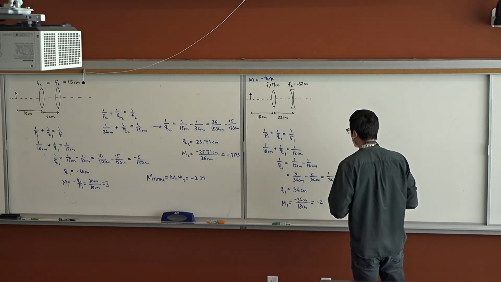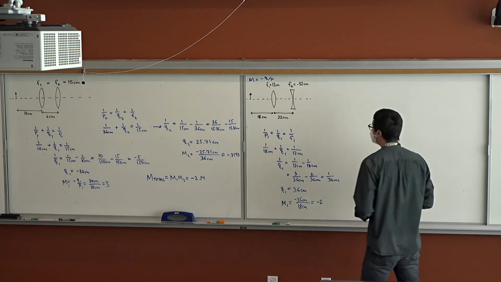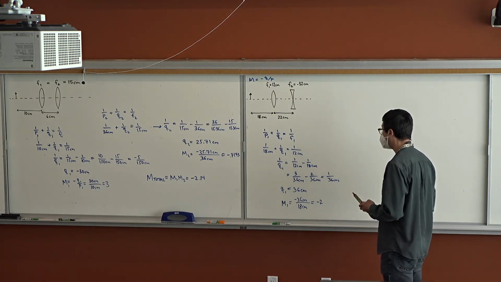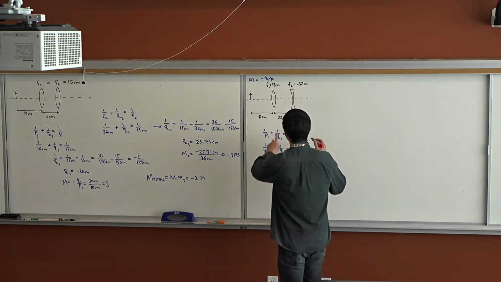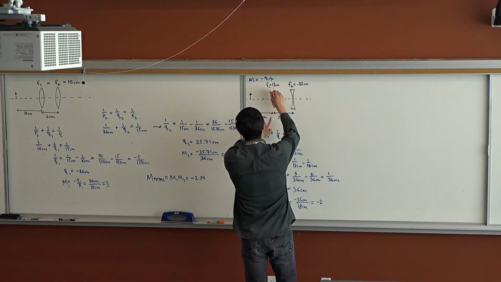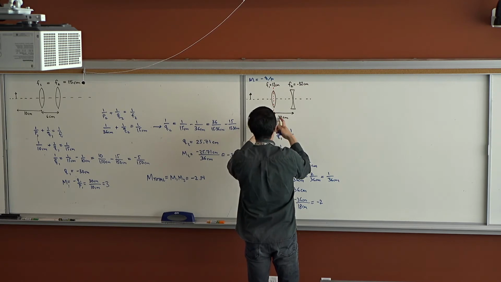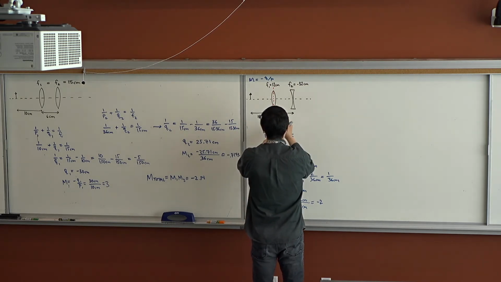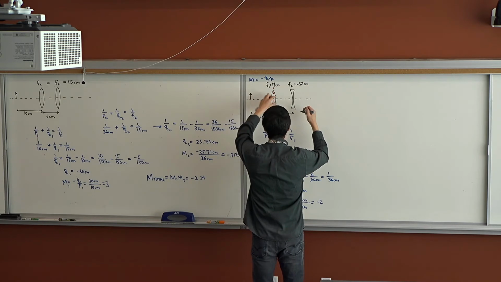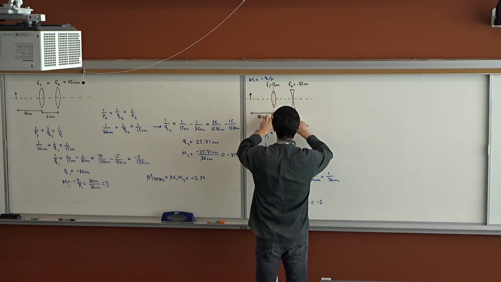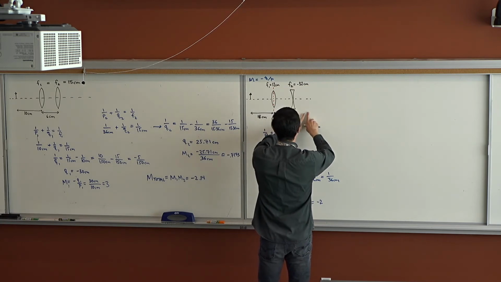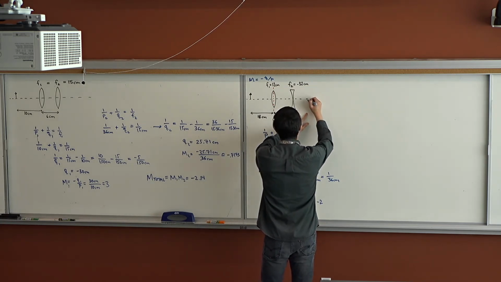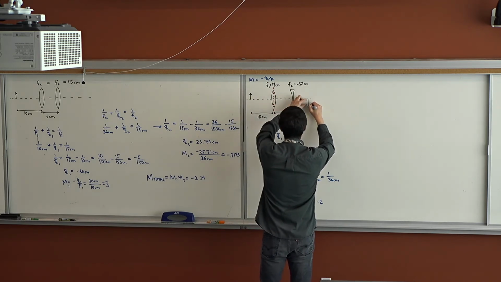So now this becomes the object for our second lens. And so 36 centimeters from here puts, so that's 22, need to go like another 14, so maybe to here. I want to be about twice as big.